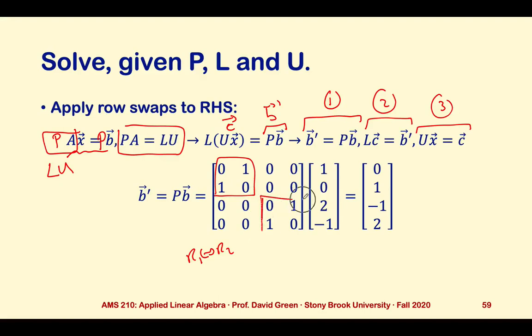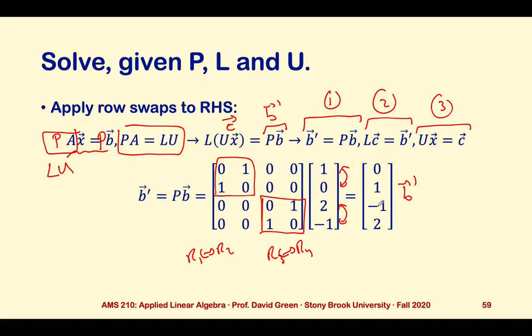And these two pieces where the ones are not on the diagonal represent exchange of row 3 and row 4. Instead of multiplying the matrix, if we know that these are the row exchanges, we could simply do that. We exchange rows 1 and 2 and exchange rows 3 and 4 to get our b prime that we're going to use to move forward.